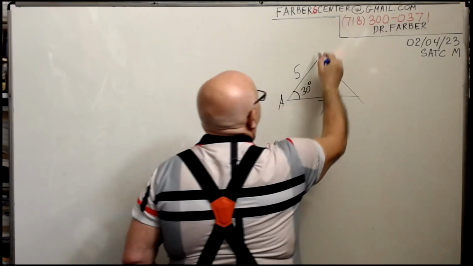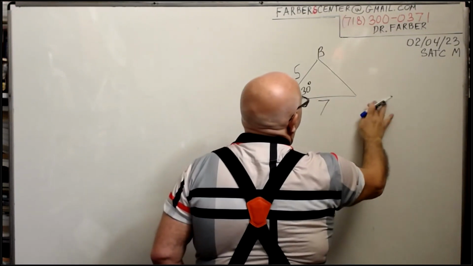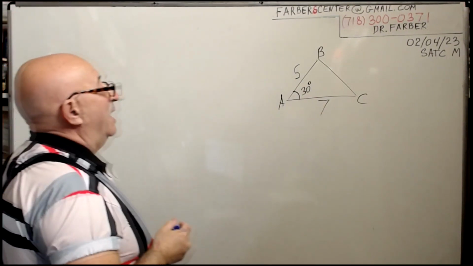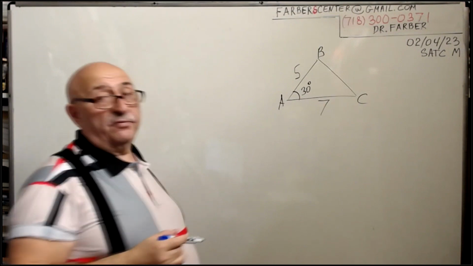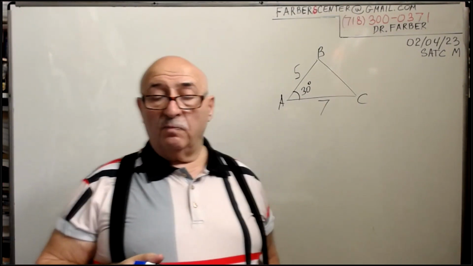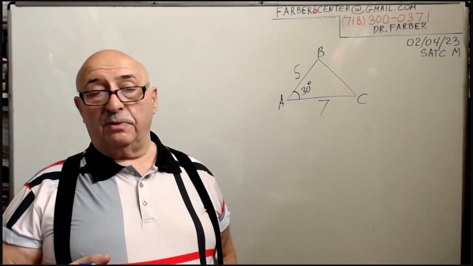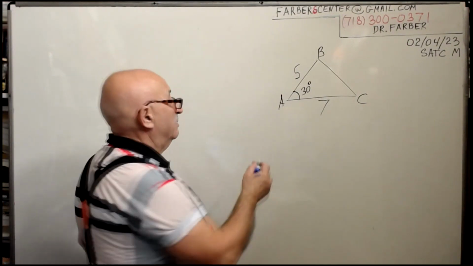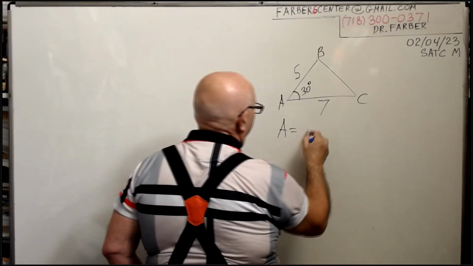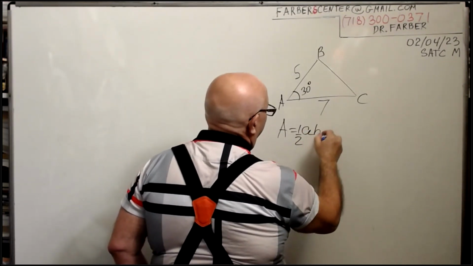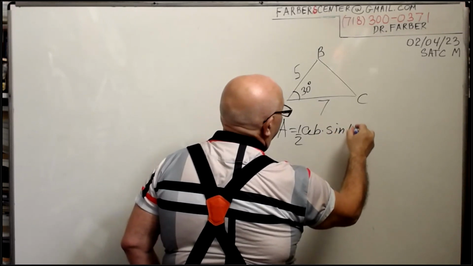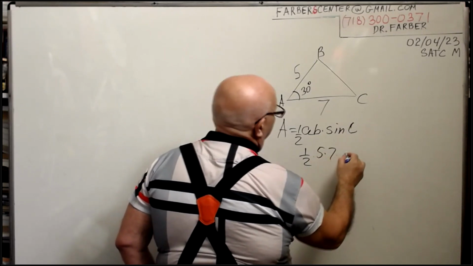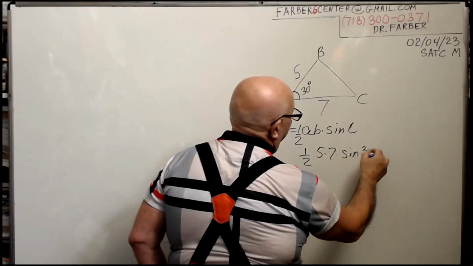They ask you to find the area. You could find the altitude, then multiply by the base, etc. But you can do it in one line, because the area of a triangle equals 1/2 A times B times sine of C. So plug in 1/2 times 5 times 7 times sine of 30, which is 1/2.